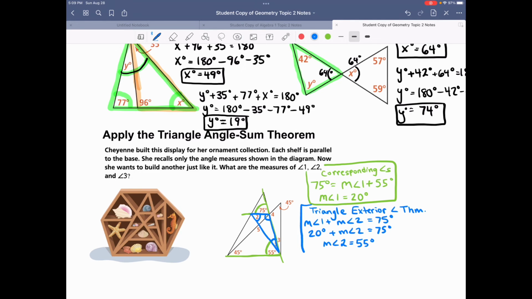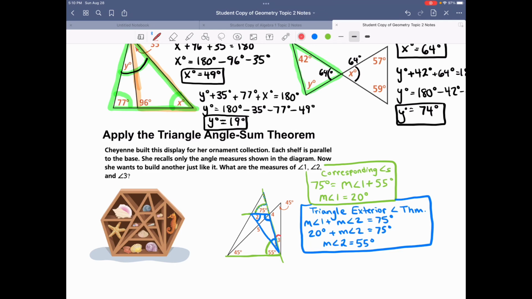So now it's a little tricky since we didn't go over the exterior angle theorem, but just know that if you have an outside angle, right here we had this outside angle, it's not part of the blue triangle, then the two angles that don't line up with it will add up to be that exterior angle. And then we need to figure out the measure of angle 3, which is right here.